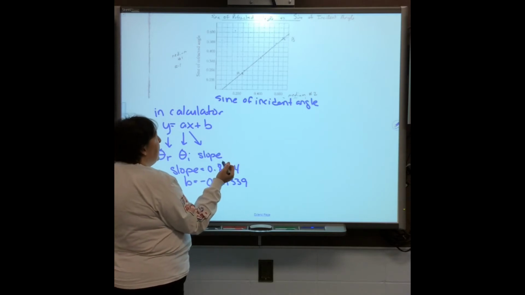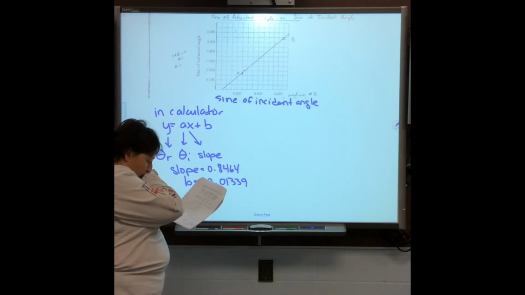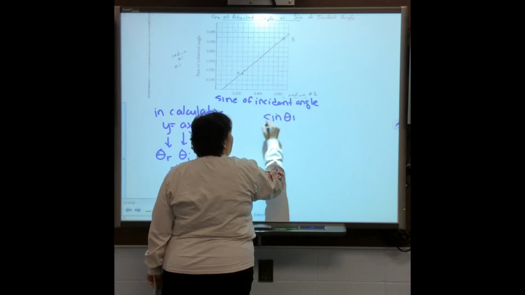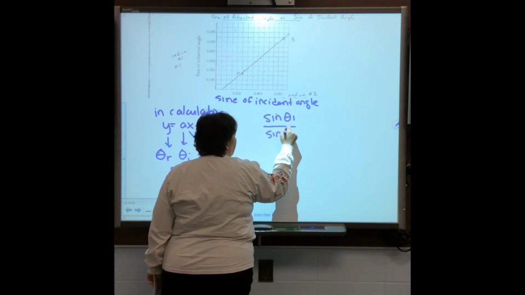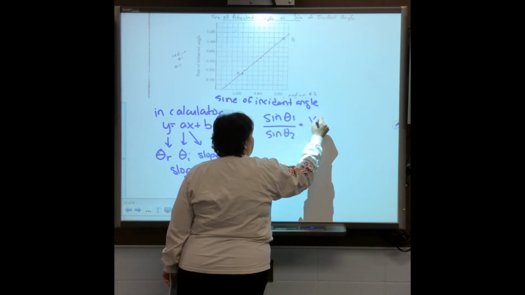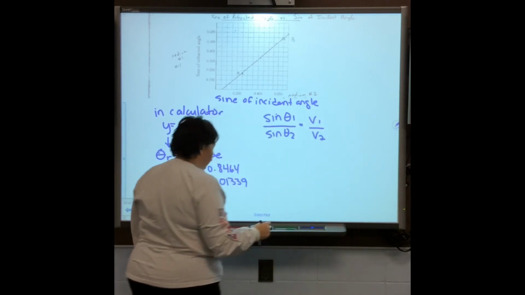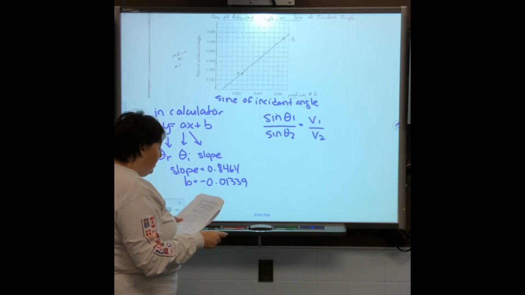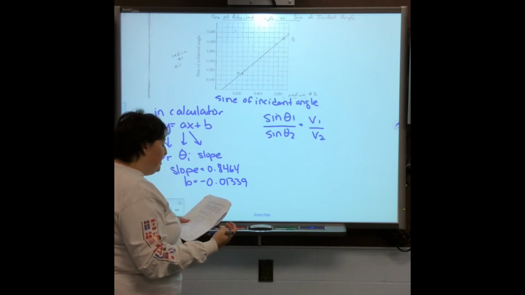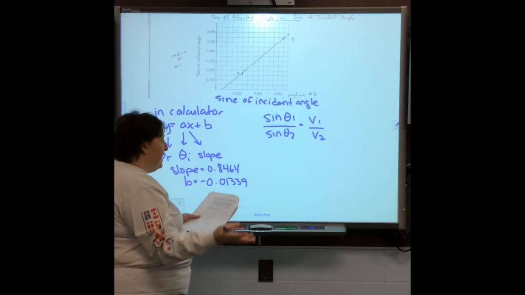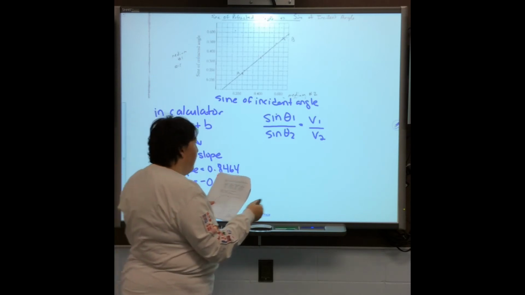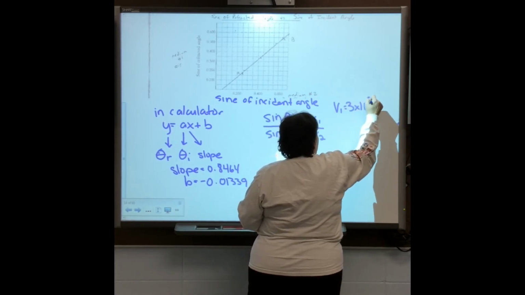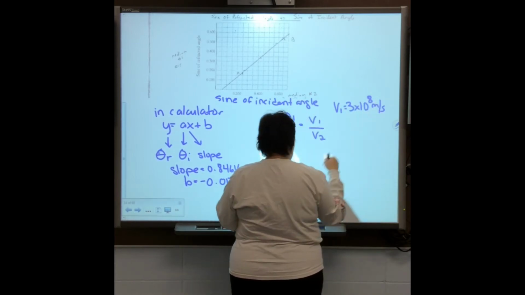Now, what are we looking at in relationship? We have sine theta 1 over sine theta 2 is equal to velocity 1 over velocity 2. And so it says that it's speed of light in a viscous fluid, but the pen light is starting from the outside. So we know that velocity 1 then is going to be 3 times 10 to the 8 meters per second.